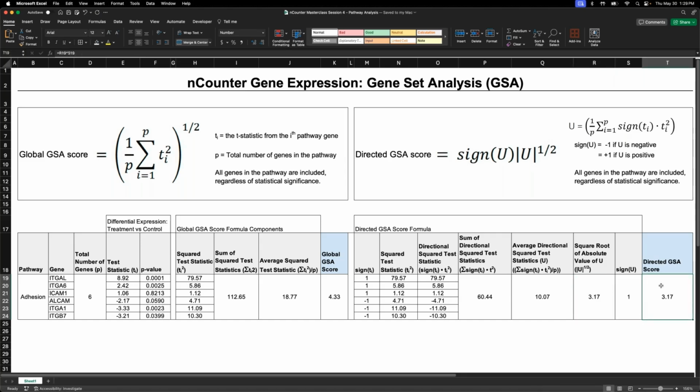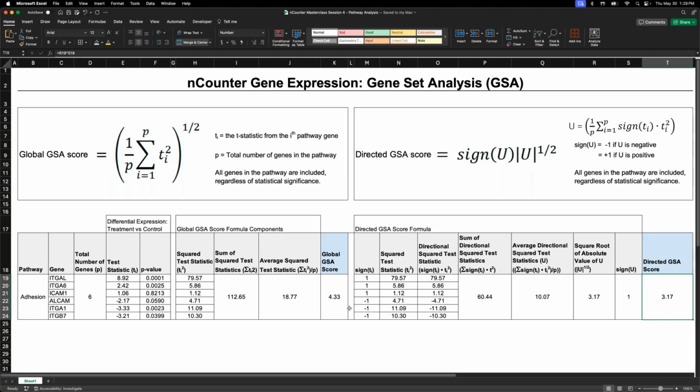So that, again, is one number that represents, across all of the genes in the pathway, their level of significance. And again, a good proxy for this is potentially thinking of this as a type of fold change measurement, even though mathematically it's not the same, but it's basically the direction.